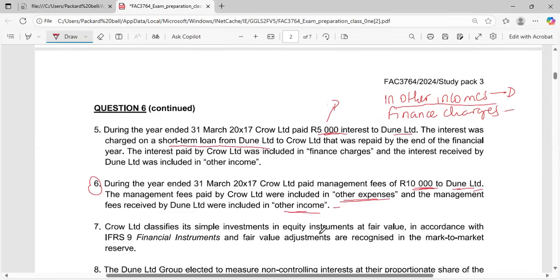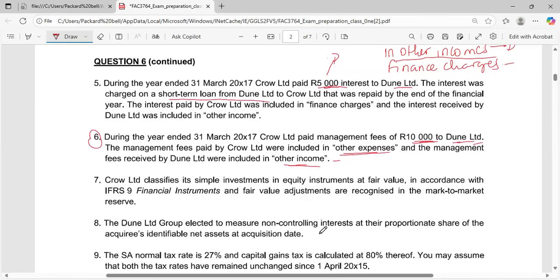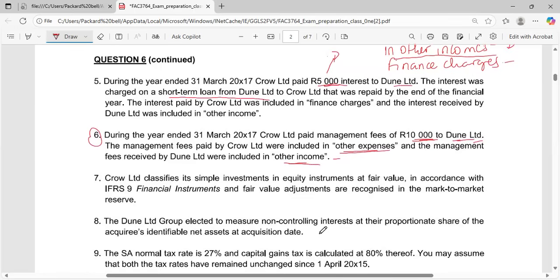Then on number 7, they say Crown Limited classified its simple investment in equity instrument at fair value in accordance with International Financial Reporting Standard 9, Financial Instruments, and the fair value adjustments are recognized in the mark-to-market reserve.